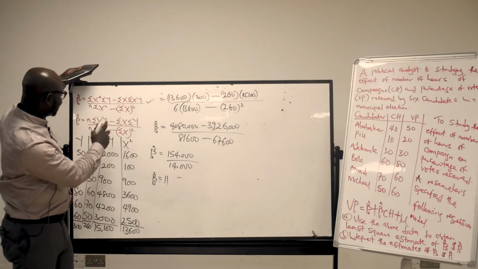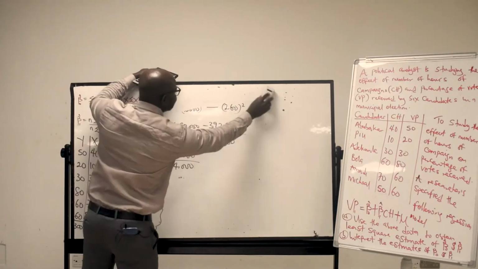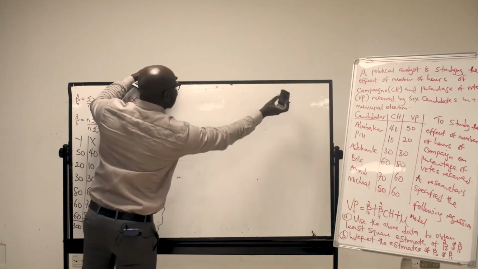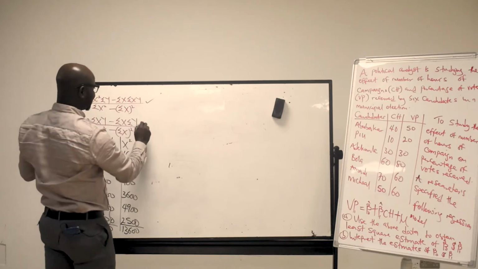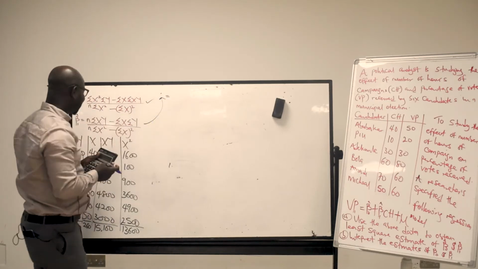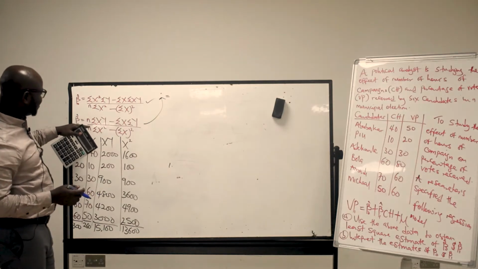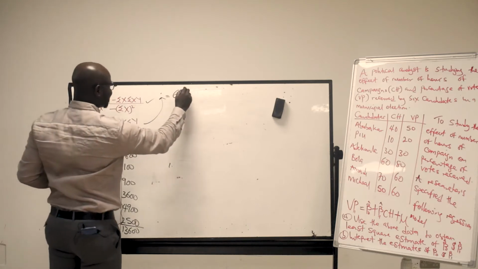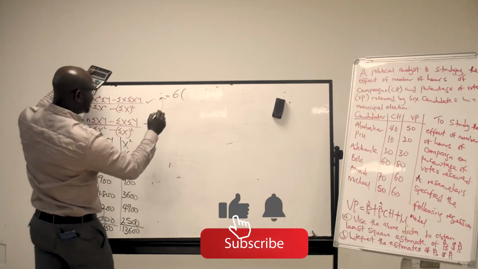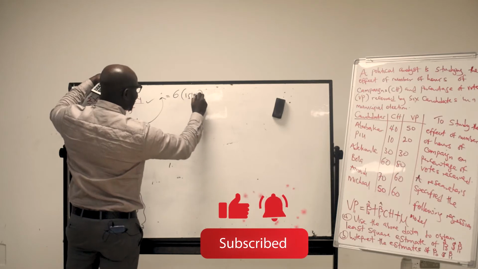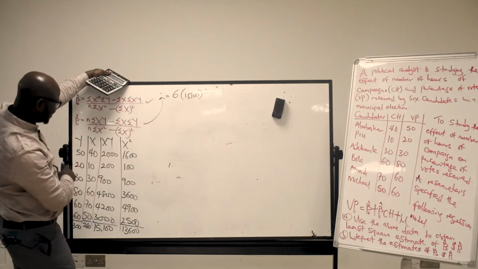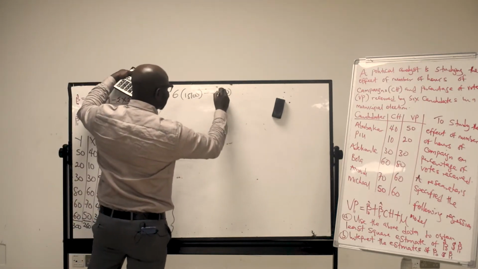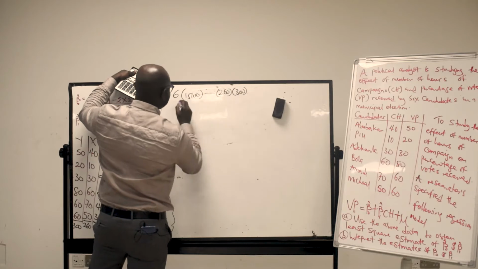I will have to clean this to have more space for beta 1. Now, using this formula, we say n multiplied by xy. You remember, our n is the number of observations, which is 6. 6 times xy is 15,100, minus summation x times summation y, which is 260 times 300, all over the determinant.